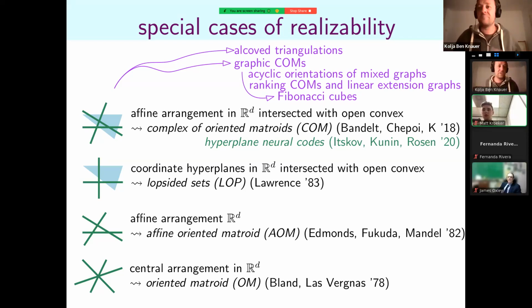Here the specialization is that now you have a mixed graph where you fix some arcs and then you look at acyclic orientations of the remaining arcs, and these are the objects that you get. For instance, this is an example, and there are other things like linear extension graphs, for instance, which are tope graphs of realizable COMs that turn up here.